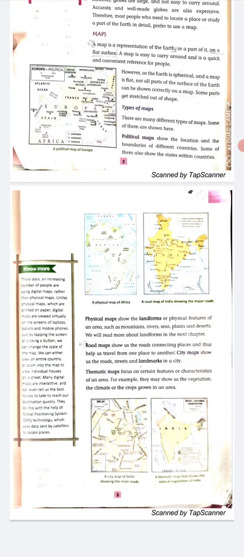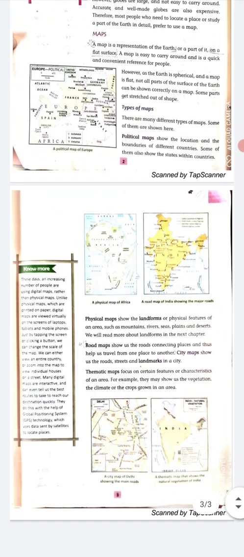In which particular area the vegetation grows, what the climate of the area is, and which types of crops are grown in different regions. All these we can know with the help of thematic maps.